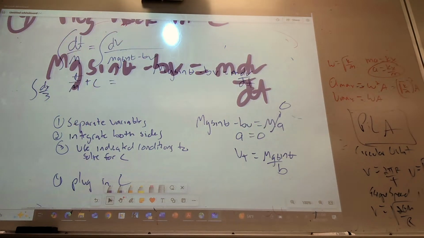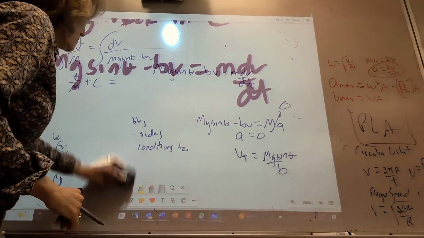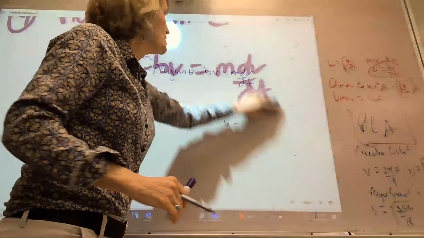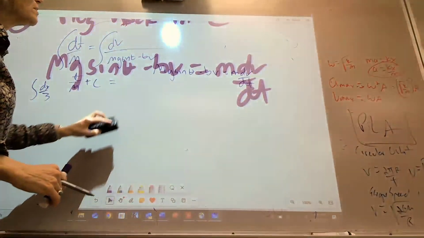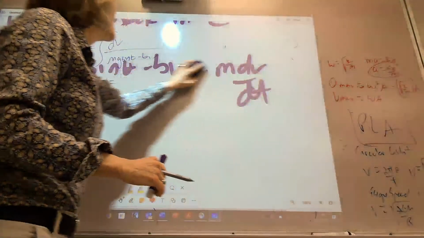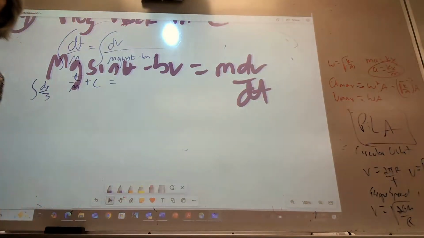Now you should see that you have something to the power of 1 in the denominator. That means you're going to be using ln. So you have to do u to u and you have to use ln.